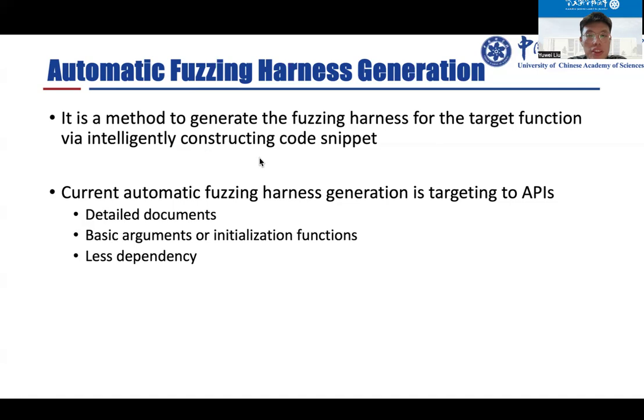Their arguments are basic or can be initialized by specific functions, and compared to the inner functions, APIs have fewer dependencies. So, how can we extend the target of the automatic fuzzing harness generation from APIs to all functions?